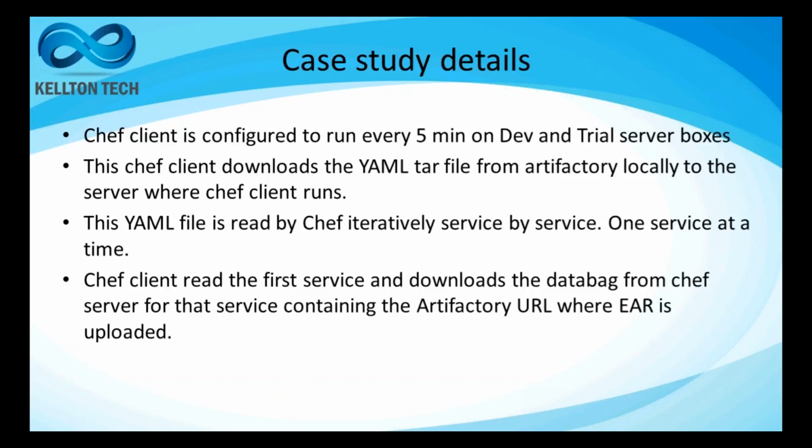If any request comes from GitHub saying that I need a new deployment, that information will be present in the data bag, like a new deployment for the bar file or any ER file or any SQL executions or any TUCO configurations, any database configurations or queue creations, all will be present in the data bag. And if the Chef client finds any difference, it will trigger those configurations by using the recipe and create those configurations in the respective server.